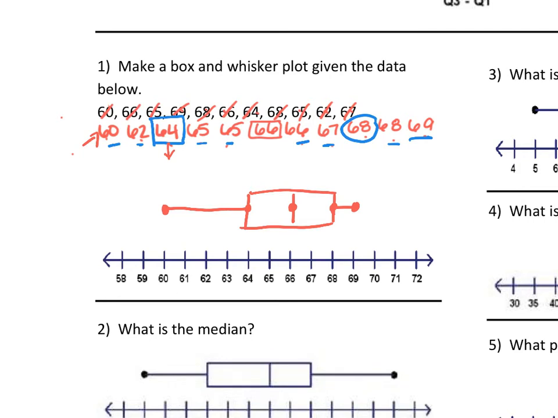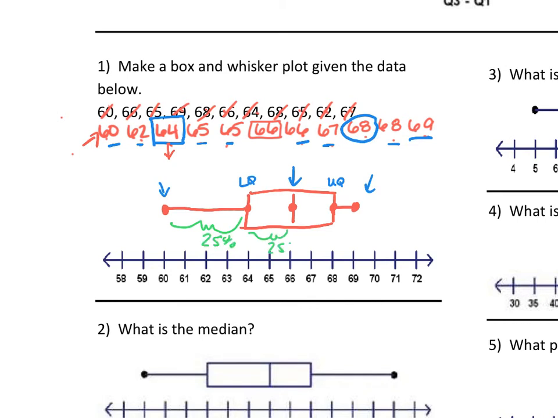So by looking at this box and whisker plot, I can tell that my median is this one. This is my lowest number, my highest number, my lower quartile, and my upper quartile. This breaks data into groups of 25%. So, everybody put your pencil down and look for just a second. This is 25% of the data.